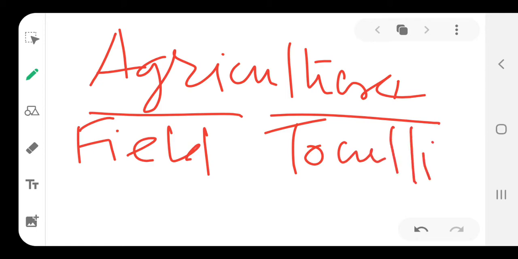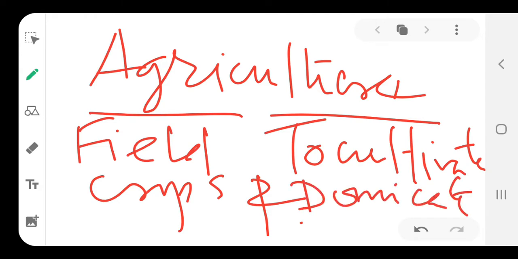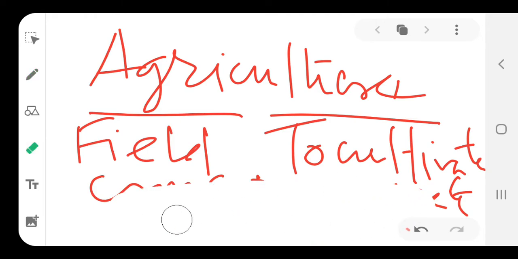So that means to cultivate the field in order to grow crops, as well as to domesticate animals. So these two things combined, crops and domesticating animals, come under the topic called agriculture.